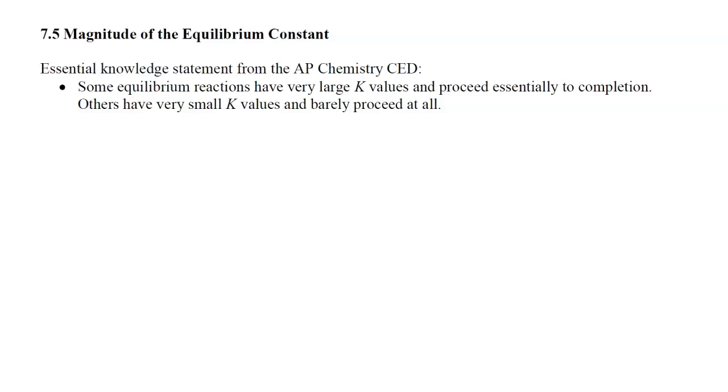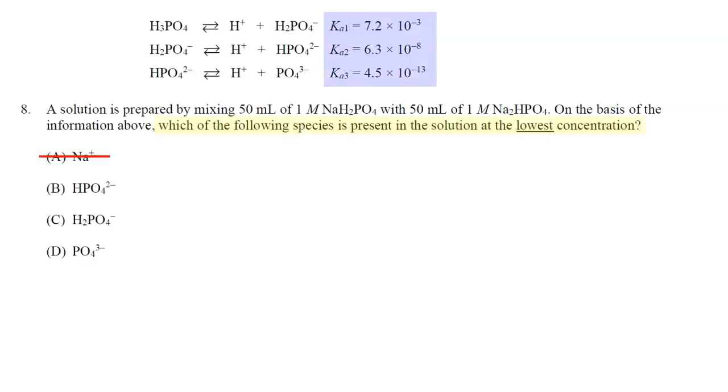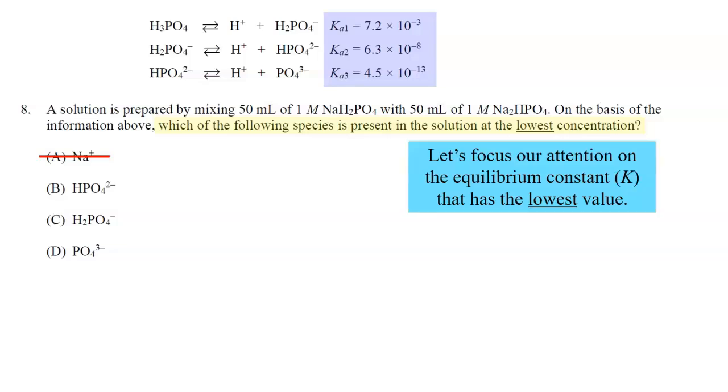But on the other hand, if the value of K is very small, then the reverse reaction would proceed from right to left, and the forward reaction from left to right would barely proceed at all. And so since we're looking for the species present in the solution with the lowest concentration, let's focus our attention on the equilibrium constant that has the lowest value. And that would be for the third equation.